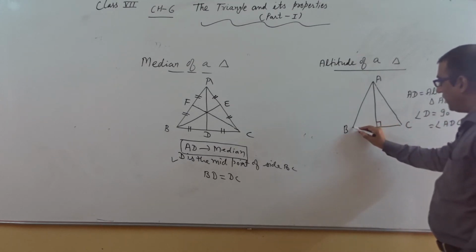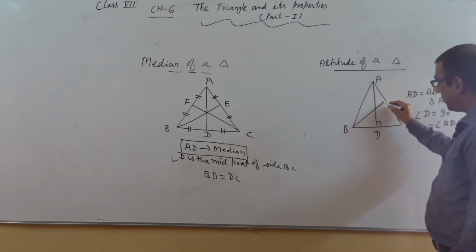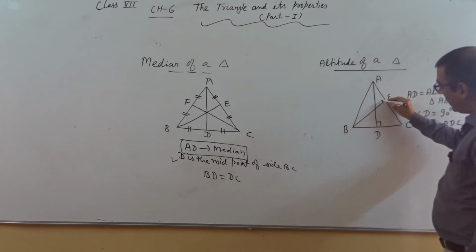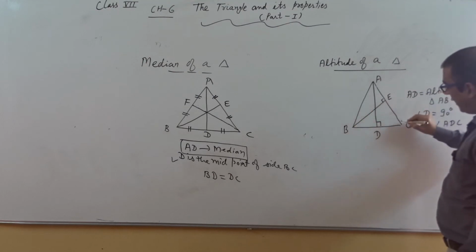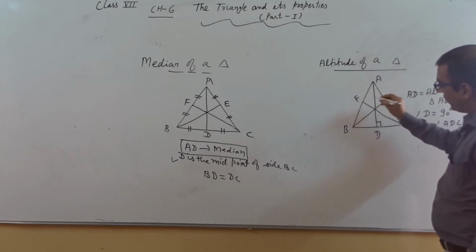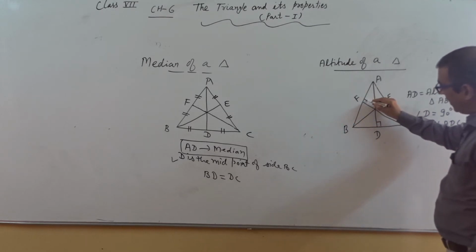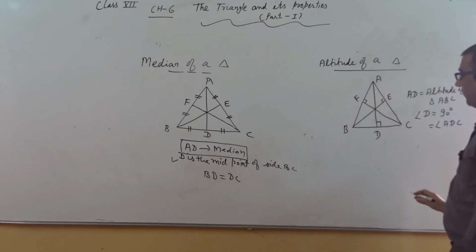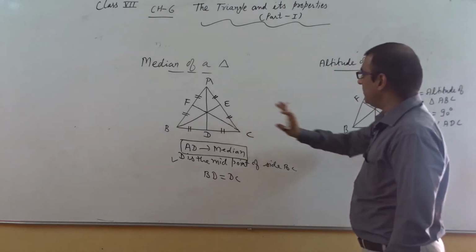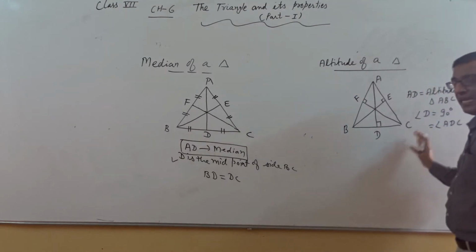And if we continue with one more altitude, it is also possible. Again we will mark here E, so we can say if this angle is 90 degree, then BE is also altitude. Same with vertex C, then we can say CF is also altitude. If this angle is equivalent to 90 degree, it means we can say in a triangle we have 3 medians as well as we have 3 altitudes.